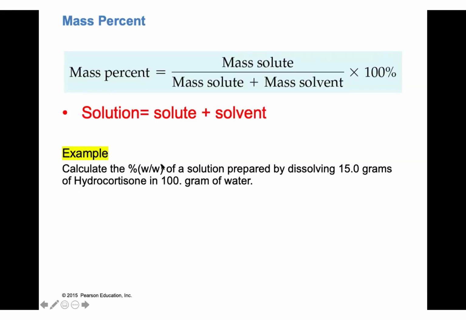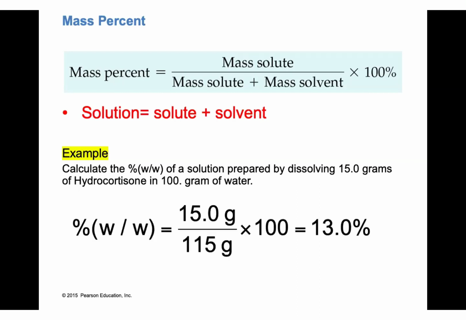Calculate the weight over weight percent of a solution prepared by dissolving 15 gram of hydrocortisone in 100 gram of water. You might say, okay, they don't give me the solution here. They give me water here. That's a solvent.